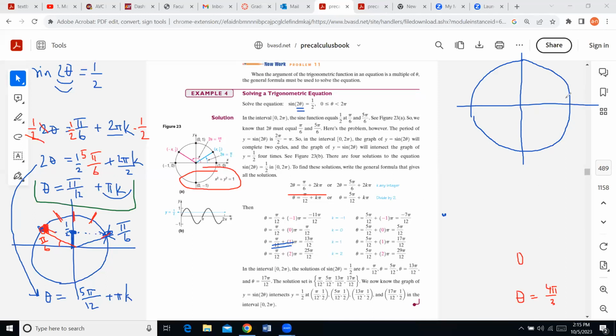So pi over 12 is a little piece in here, but since the period now is pi, there'll be another one here in the circle on the other side. You see that? So how can I describe that other one?